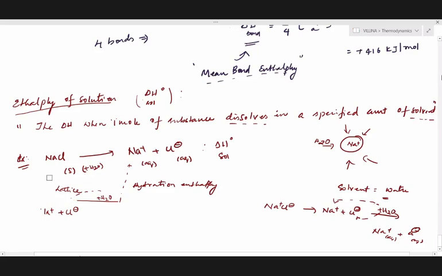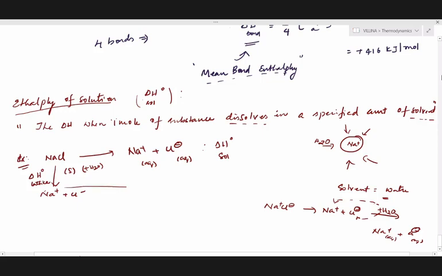Now I will write neatly. So from NaCl solid to individual ions Na plus and Cl minus, we will have delta H associated with the lattice enthalpy. Now, this will be converted into aqueous ions when they are surrounded by water molecules.